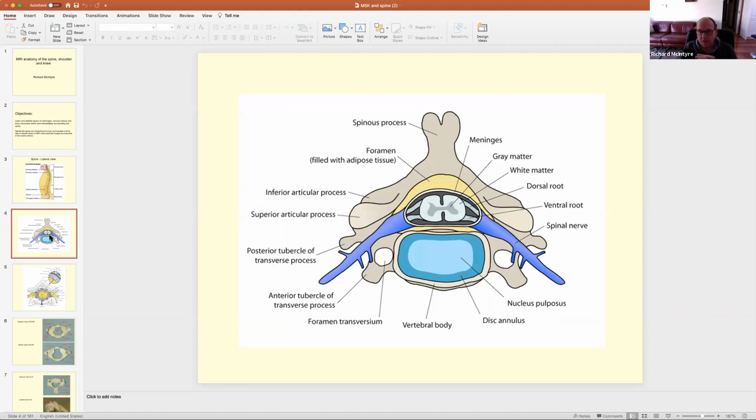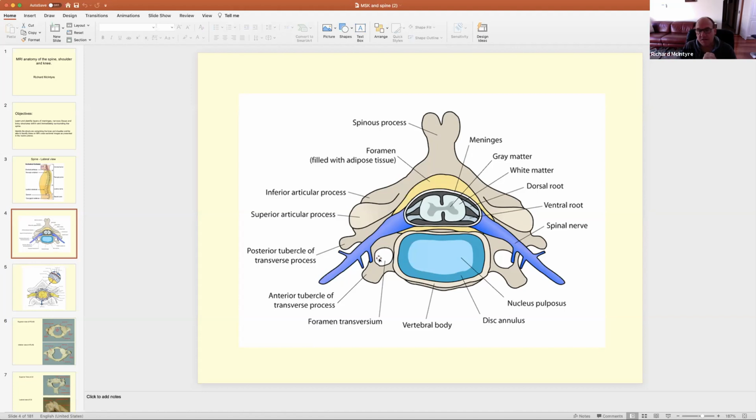Okay, so bony structures, we can have a look at the spinous process, the inferior articular processes, and hopefully you know the posterior tubercle and anterior tubercle of the transverse processes. We've also got the foramen transversarium, or the transverse foramen, through which the vertebral artery runs.